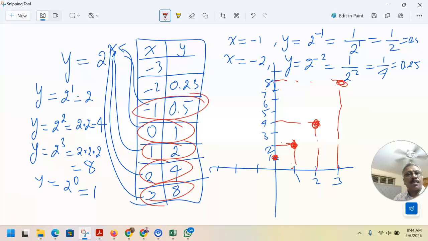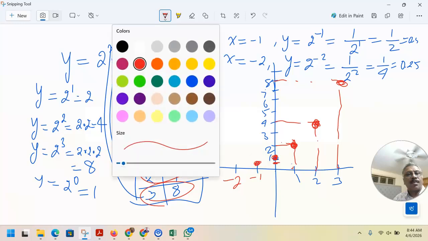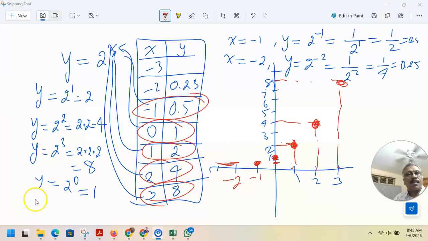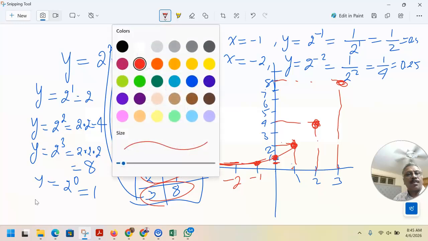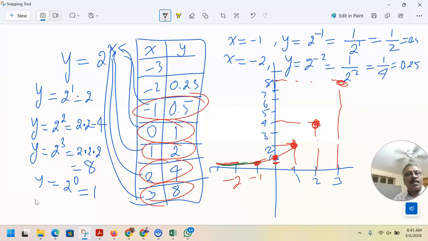Minus 1, 0.5 is this point. And you can see we can graph this like this, passing through all these points, and you have a nice smooth exponential graph like this.